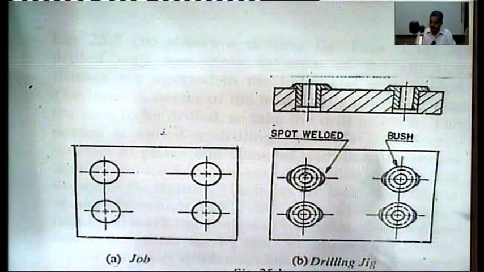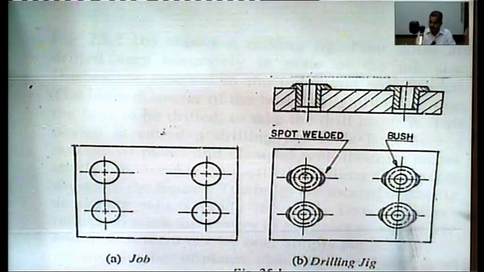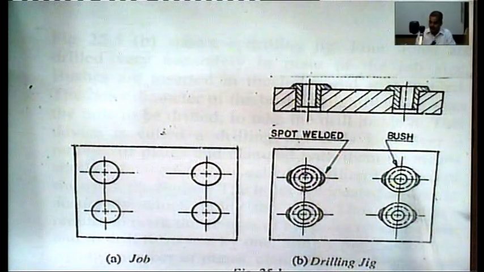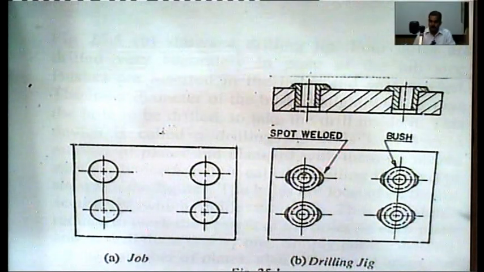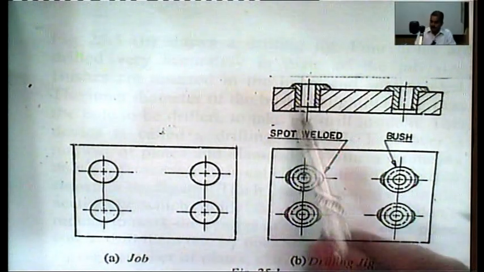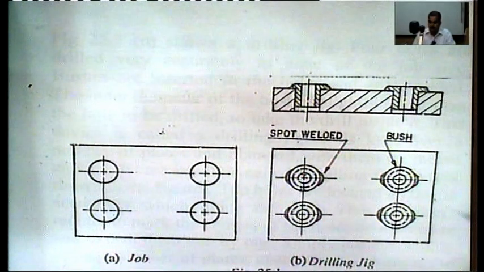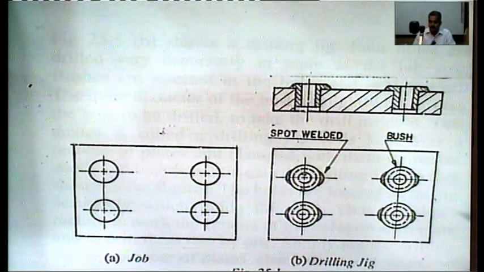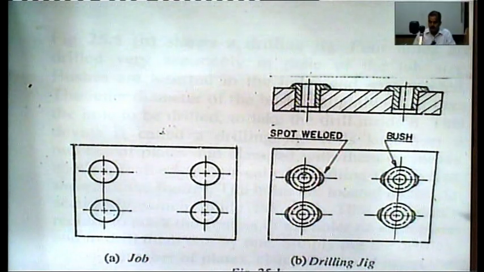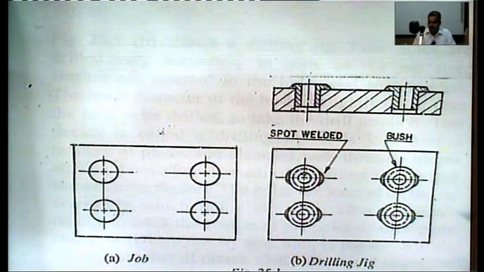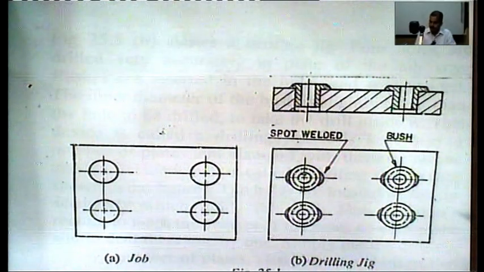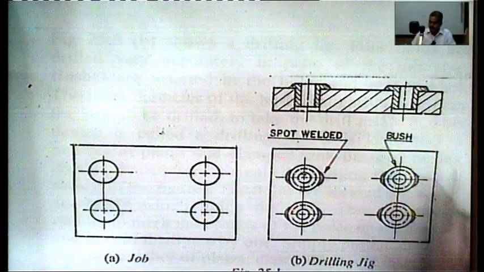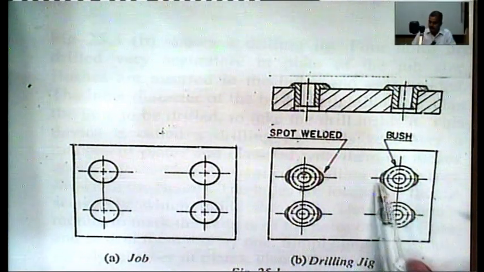We produce these 4 holes like this, 1, 2, 3 and 4, and in these 4 holes we insert 4 bushes. The inside diameter of the bushes should be slightly more than the holes required, so that drills can move in these holes. And these bushes are spot welded from this side as well as on this side.